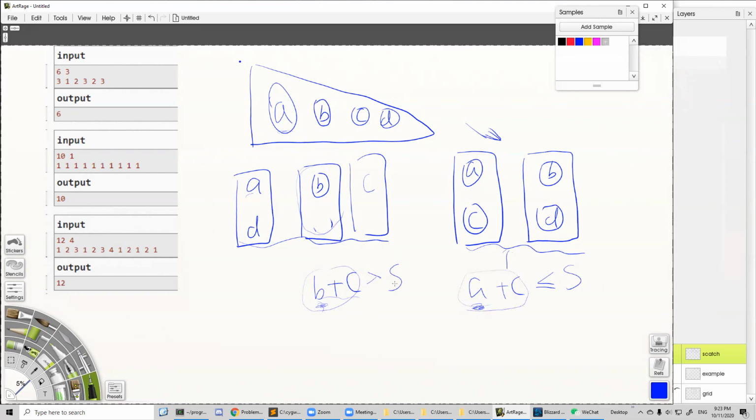So there is a contradiction, because the smaller one is bigger than the bigger one, right? So that is a contradiction. With that being said, this will not ever be a better solution than this solution.